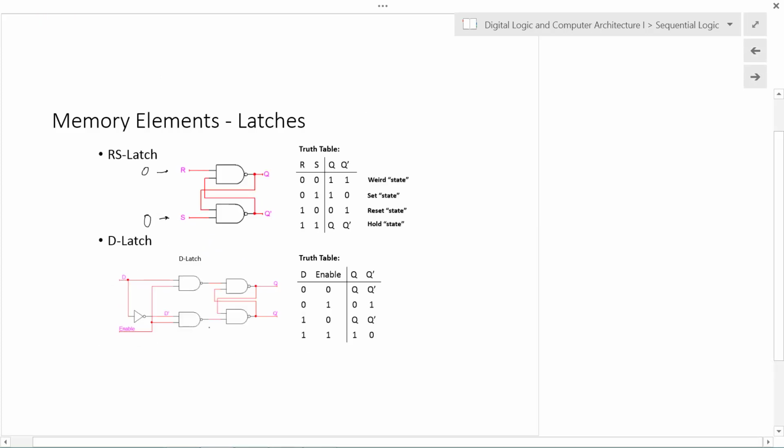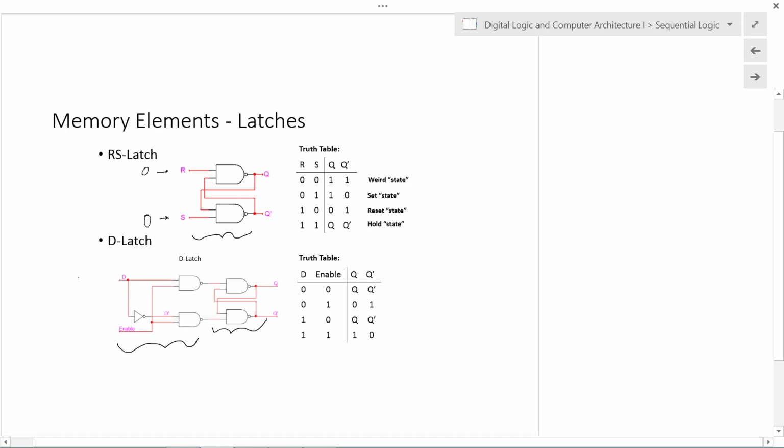The D latch is an augmented version of the SR latch. Notice that the SR latch, we have two input NANDs, and that it's included in the D latch here. But there's some extra circuitry here. We have some NAND gates, and we have an inverter.